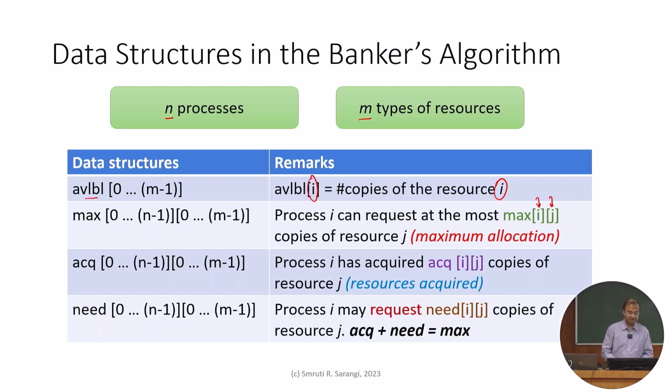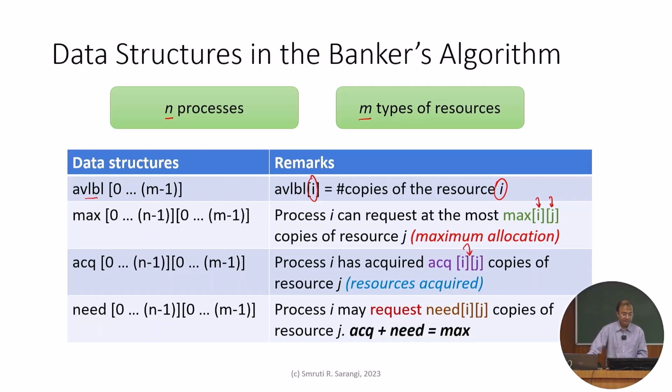Acquire is again a matrix. This is basically how many copies you have actually acquired. As process i, how many copies of resource j has it actually acquired? That is there in the acquired matrix. So max is the theoretical maximum, and acquired is how many have currently been acquired.